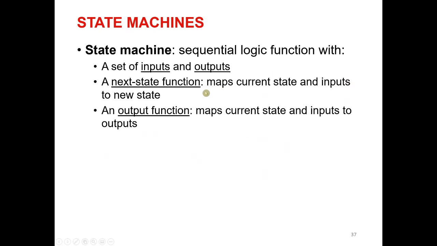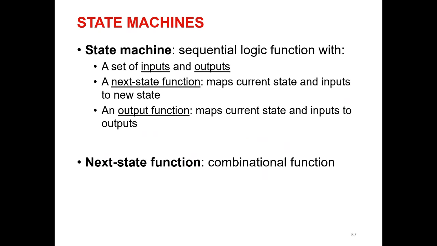Both of them, the next state and the output, will depend on the inputs and also on the current state of the machine. Those functions, the next state function and the output function, are implemented using combinational logic.